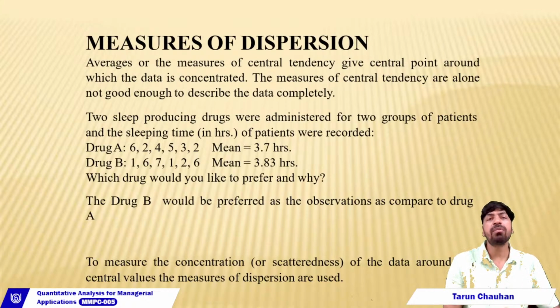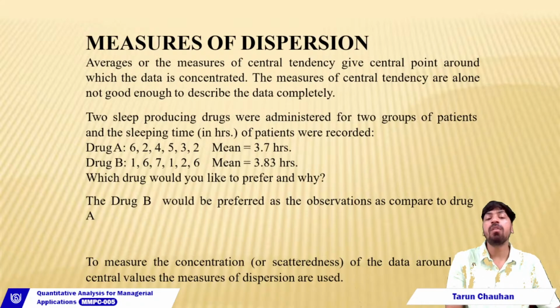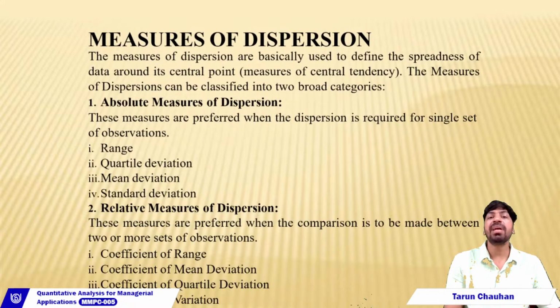When we talk about the concentration, the closeness of values or scatteredness of the data around the central values, then the measures of dispersion are used. These measures of dispersion are classified into two categories: absolute measures of dispersion and relative measures of dispersion.